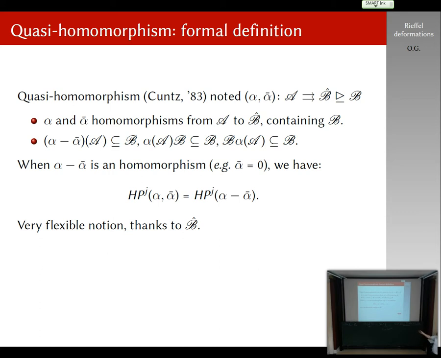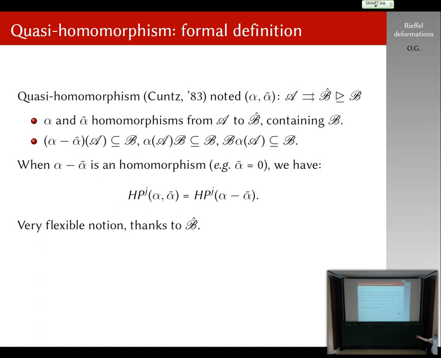So you have two morphisms from A to a certain algebra B hat, which contains B, and you have two conditions of the compatibility of alpha and alpha bar. And so the way we should think of that is that it is a sort of difference between alpha and alpha bar.